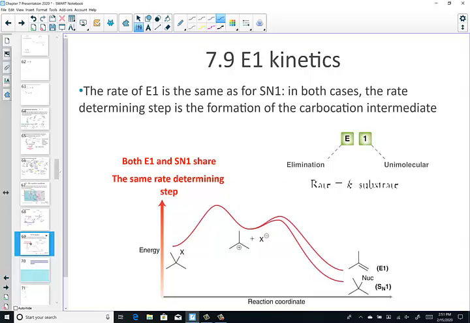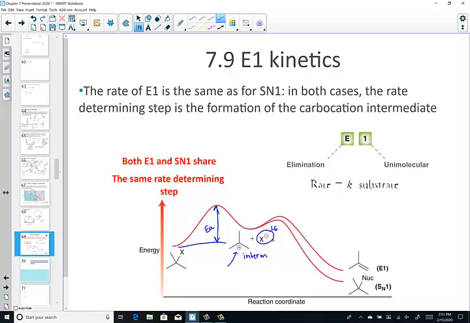The rate of an E1 is exactly the same as the rate for an SN1, simply because the leaving group leaves. The activation energy for the rate determining step is the loss of the leaving group. We form the intermediate, the carbocation. The more stable the carbocation and the better the leaving group, the faster the kinetics.